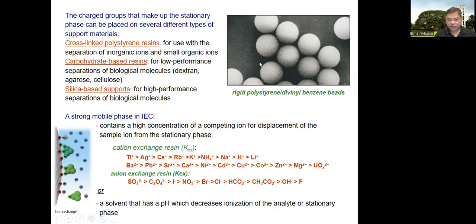Okay, so this is the cation exchange resin and the ion exchange resins that you use. Now, another thing that you need to consider here is the change in the pH. Okay, so a solvent with a pH that decreases ionization of the analyte or stationary phase can affect, okay, the nature of the separation that you have.